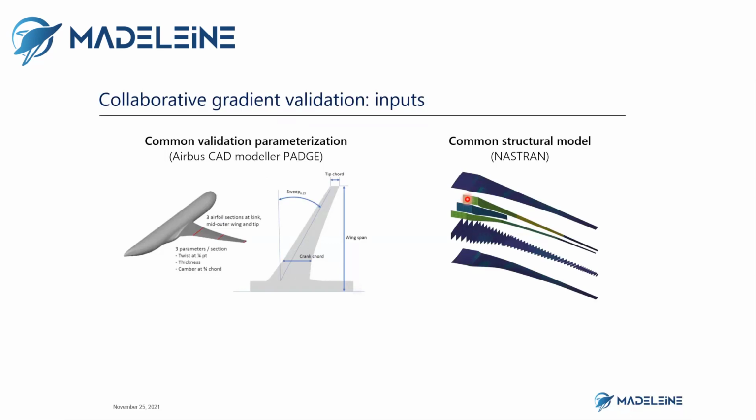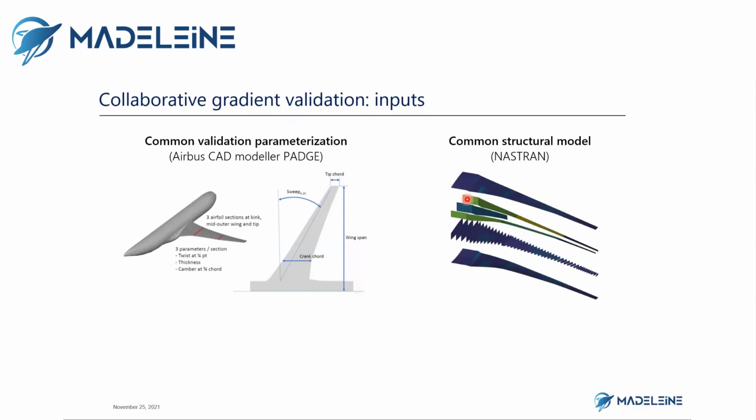So for instance, we use the same validation parameterization. It was set up with one of Airbus' CAD modelers called Page. Here with the simplified validation parameterizations, which include both planform parameters, as you can see on the picture, including sweep, wingspan, design variables, but also chords, and also sectional parameters.